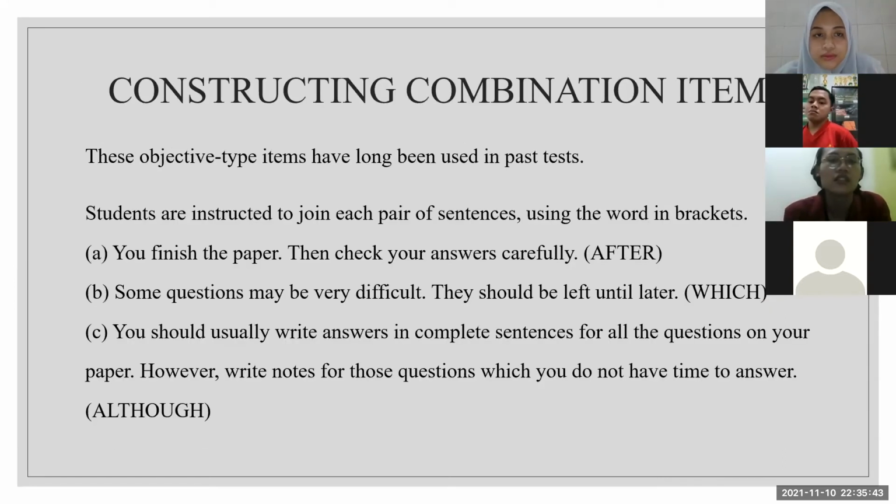Next, we move to combination items. Constructing combination items. These objective type items have long been used in past tests. They should be used sparingly, however, as they involve largely mechanical responses on the part of the student.